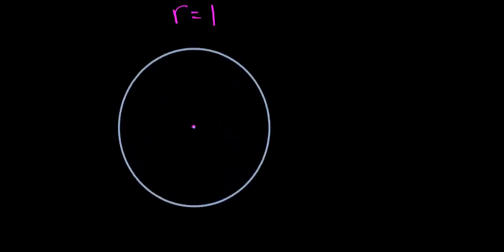And let's suppose that I want to calculate the area inside this circle. Now we already know how to do this. We know pi r squared. So the area inside this circle is just going to be pi, right? So look, let's just think about this circle that we have here. And I'll just draw it out.